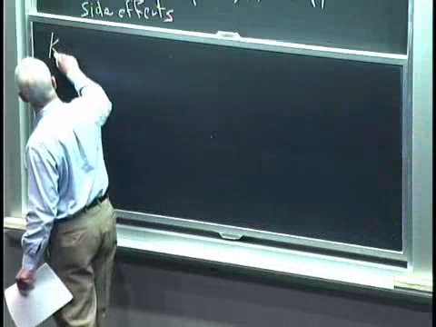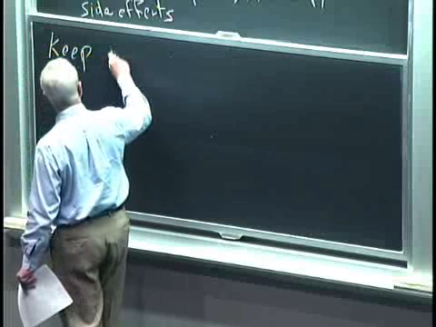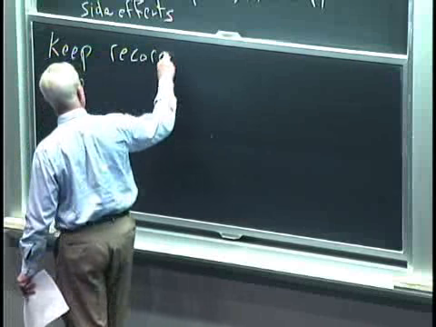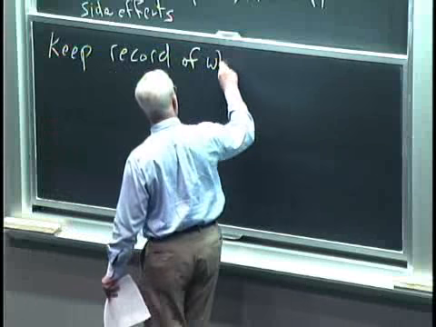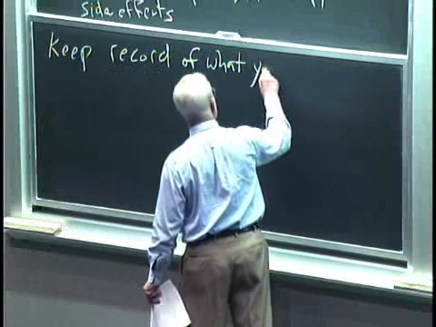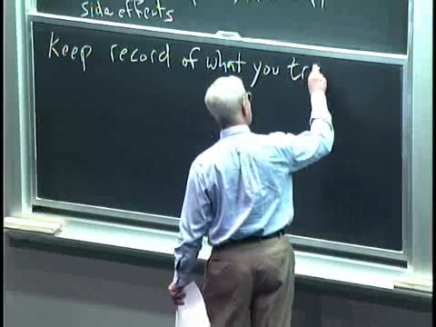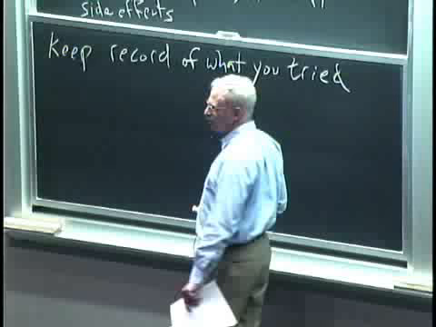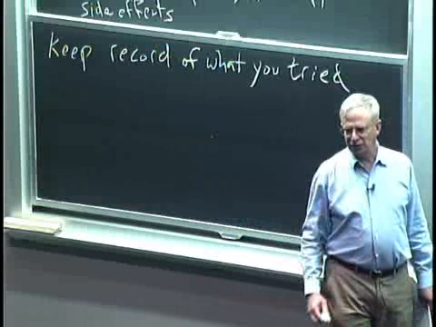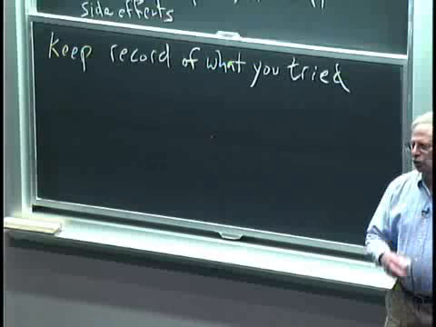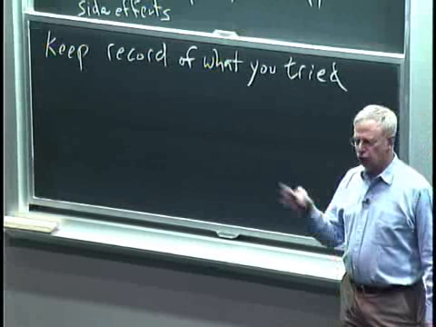A couple of other hints. Keep a record of what you've tried. People will look at things and they'll come in and they'll talk to a TA, and the TA will say, did you try this?